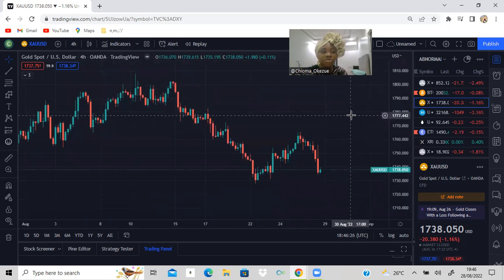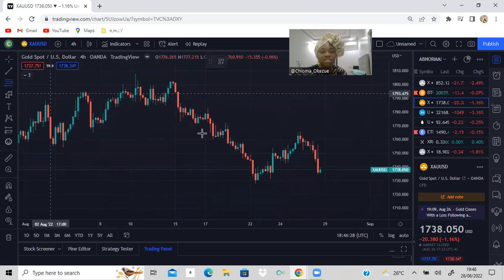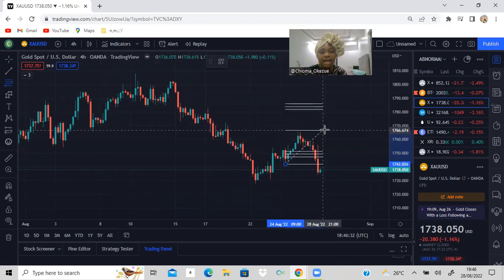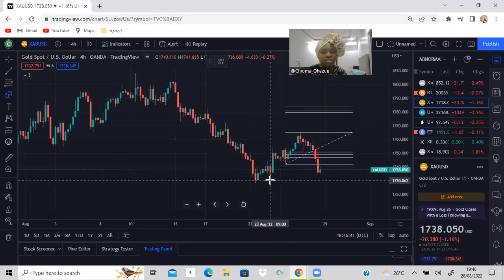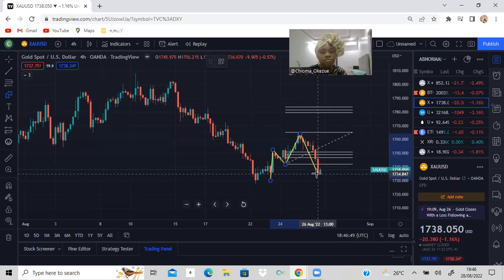Now we are using our magical fibs. You go and pick the magical fib and draw from here to here. Remember, we draw from the neckline of the M. Let me bring out the M for people that are not seeing it. So this is the M. Can you see the M?